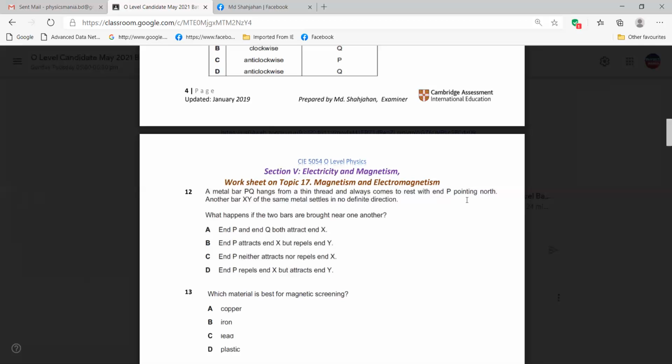Because it is unmagnetized. The magnetic material is unmagnetized, that means it is yet to be magnetized, right? It is still not magnetized. That's why it does not have any definite direction.